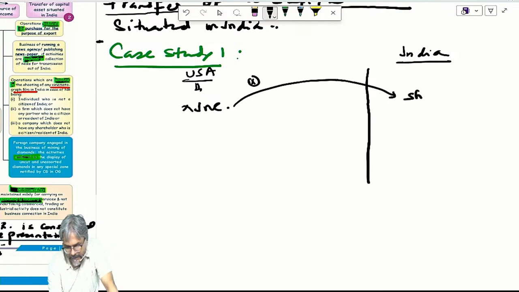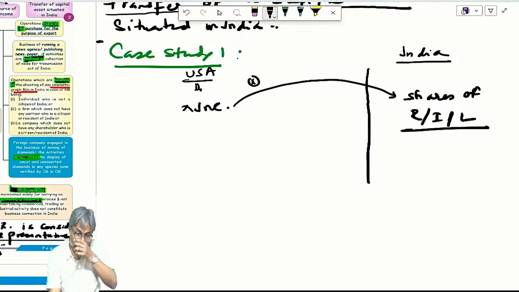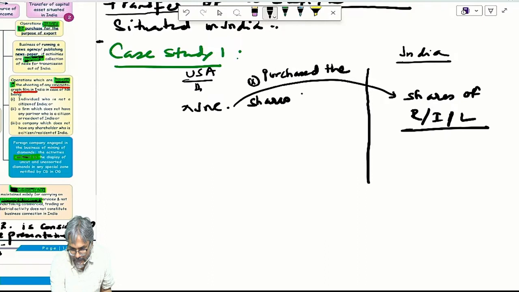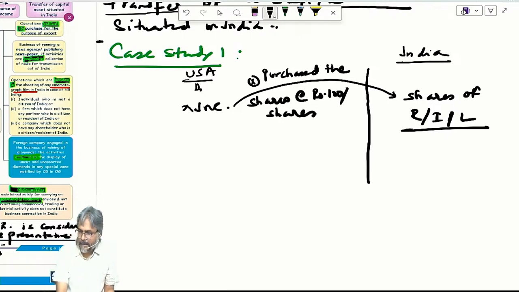There are shares of RIL, Reliance Industries. They purchase the share at rupees 100 per share.